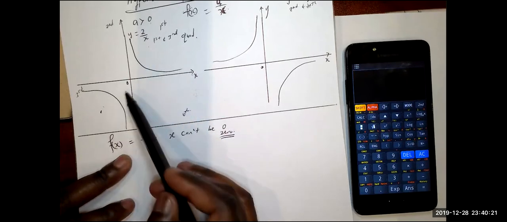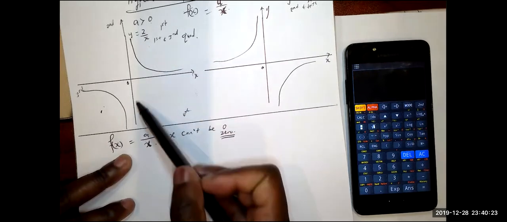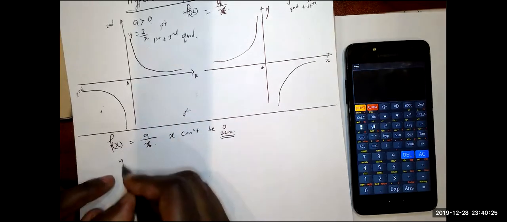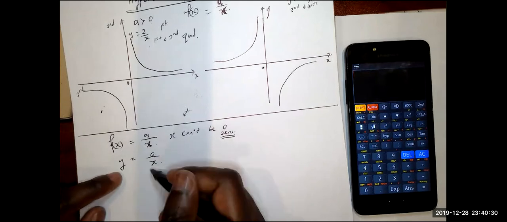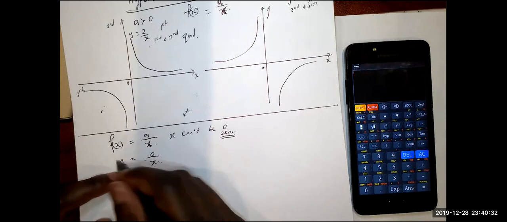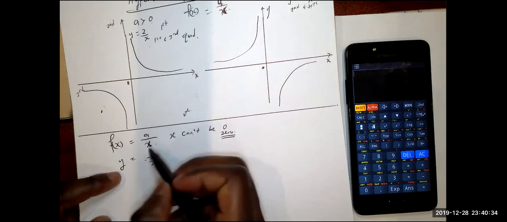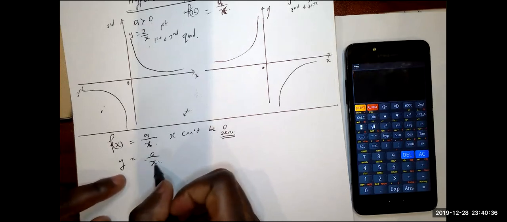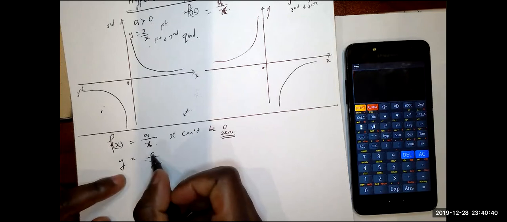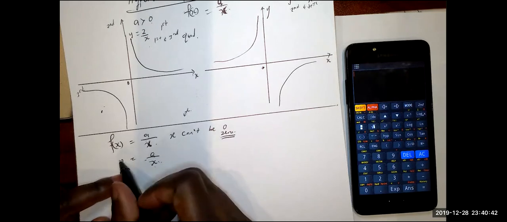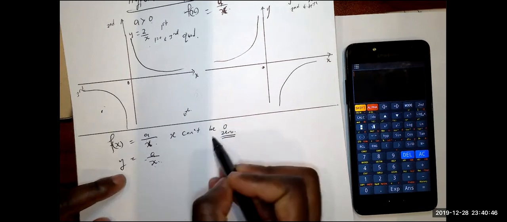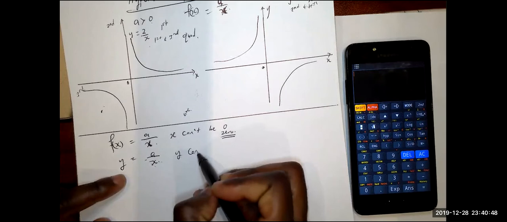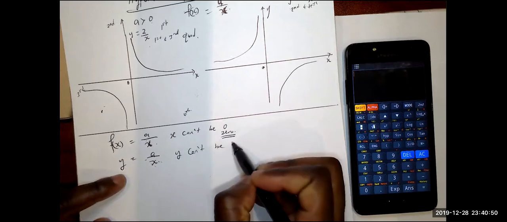Also, in terms of y, if y equals a over x, finding y becomes a challenge because if x goes to 0, we can't find y. And if y is equal to 0, we can't find x. So x can't be 0 and y can't be 0 either.